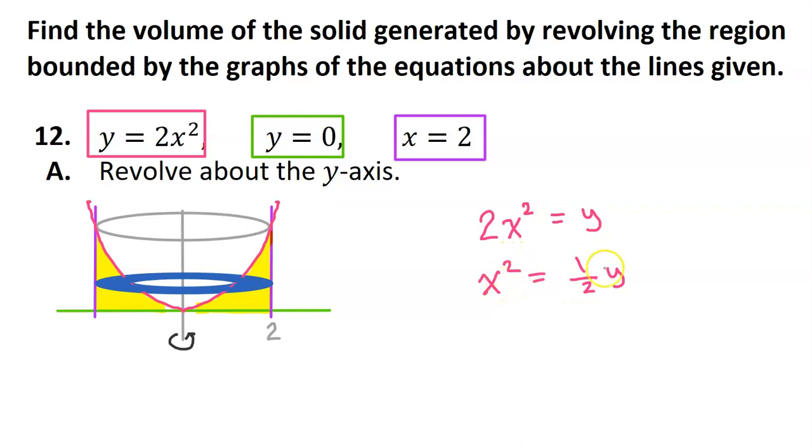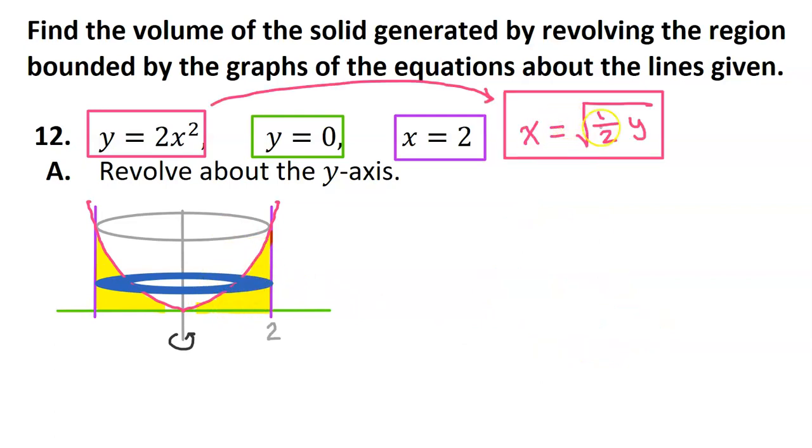Then taking the square root of both sides, we get x is equal to the square root of 1/2 y. Normally I would say plus or minus, but I'm going to stick to the first quadrant where the initial boundary is. So this is the equation that we will use for the parabola for the rest of this problem.